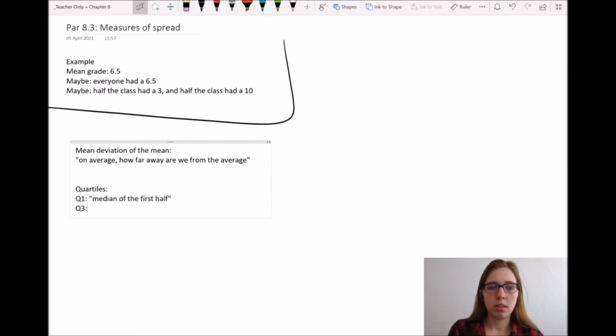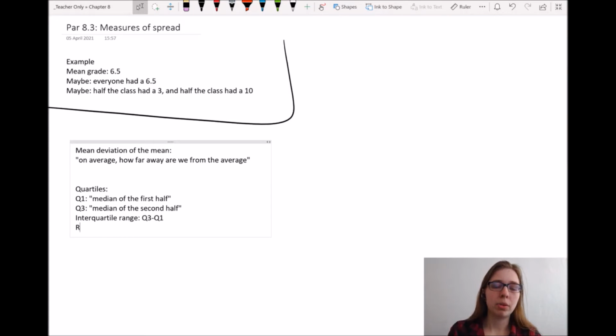Similarly, the third quartile is the median of the second half. It's the first and third because you can kind of consider the median as the second quartile, but we don't call it that. So this gives us some idea of how spread it is again, and gives us some more information as well, because it also gives us what is called the interquartile range, which is the difference between those two.